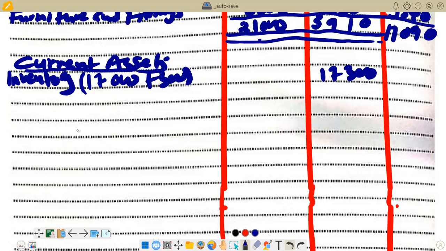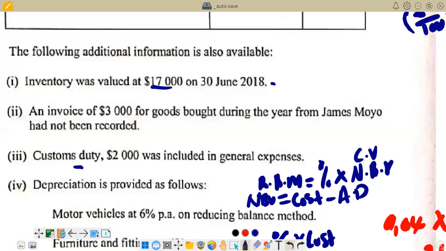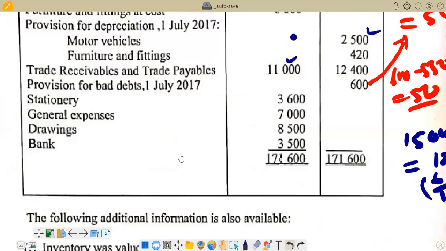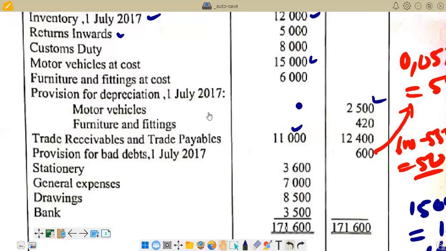Then from there, we also have trade receivables. For trade receivables, we go to the list of balances that we have there and check for the figure. In the list of balances, we've got trade receivables and trade payables in the same line, but 11,000 represents trade receivables.